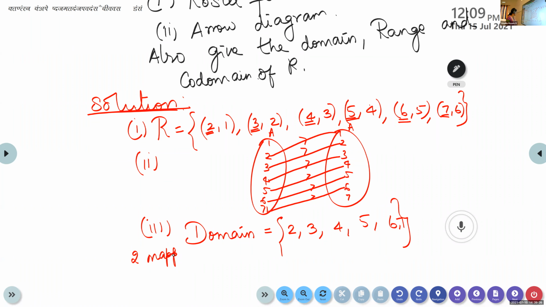Similarly, 2 is the image of 3, and 5 is the image of 6. If we say from A to B, then we say 2 is mapped onto 1.